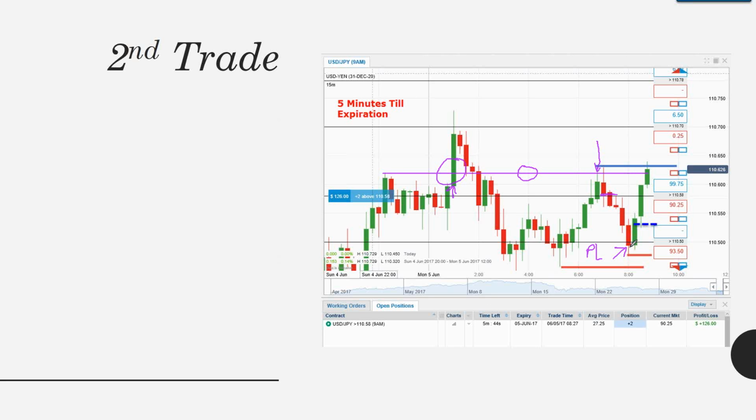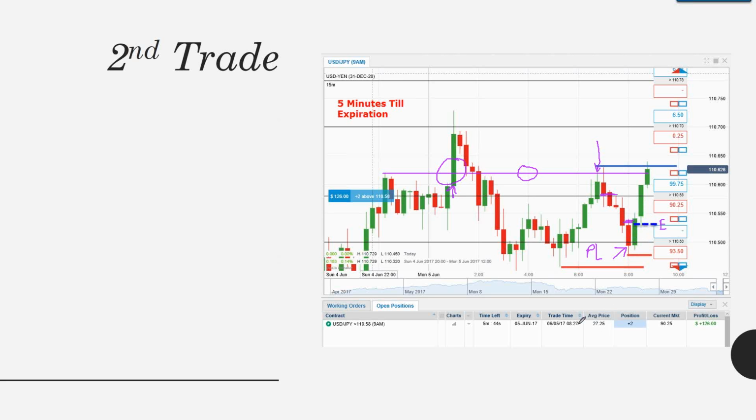Now, this one, again, closes above the high of that bar, okay? And this blue line here represents where my entry was, okay? So you had probably 2 minutes left before that bar completed, okay?